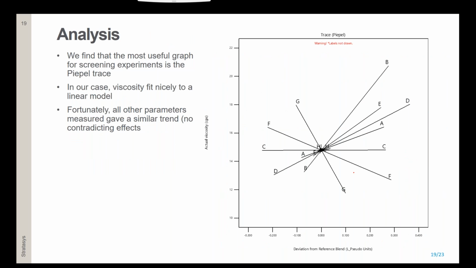And so finally, after almost 2 months of experimenting, we came to the analysis part, and I find that the most useful graph is the Pipel trace graph. For me, it's the most understandable. I can relate to it. I can understand what's going on.